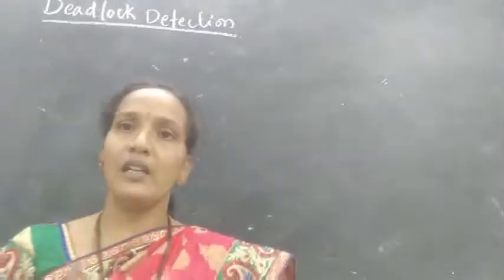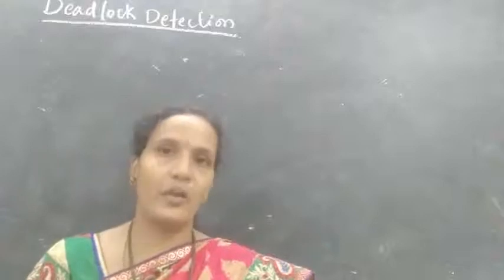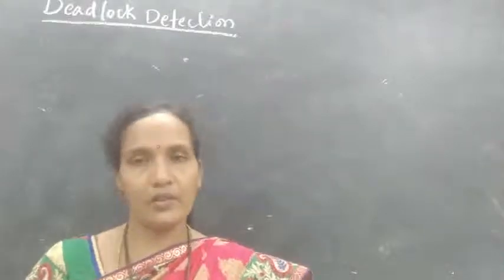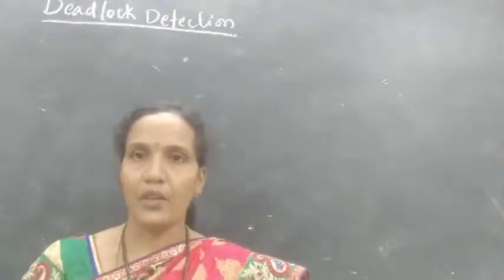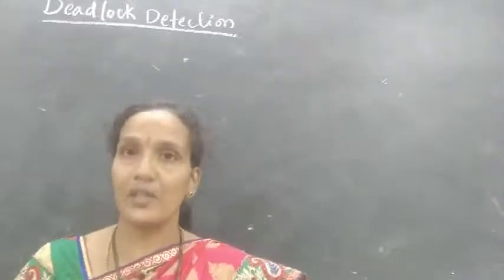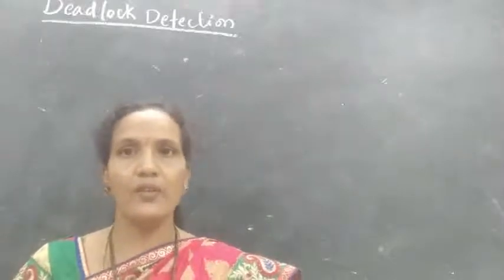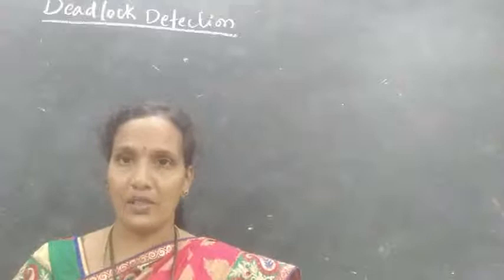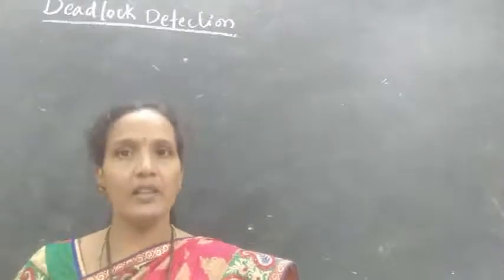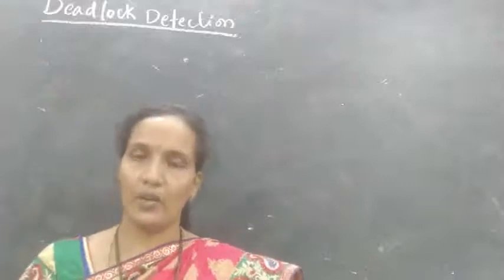Deadlock detection means deadlock has happened. Now how to detect it? What methods do you have? That is what you are going to learn today. Deadlock detection is a process of finding how many processes are involved in the deadlock and how many resources are involved in the deadlock.